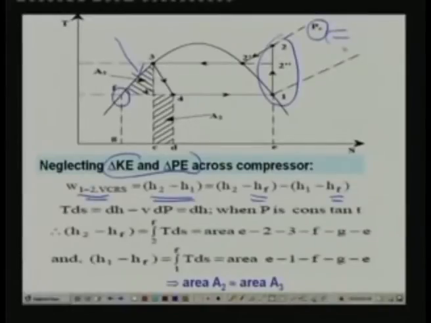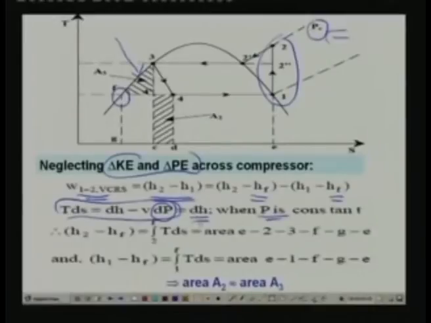Using the thermodynamic relation TdS is equal to dH minus VdP, and applying it to the process 2 to F, you will find that TdS is equal to dH, because dP is equal to 0, since this is an isobaric process. So TdS is equal to dH when P is constant.